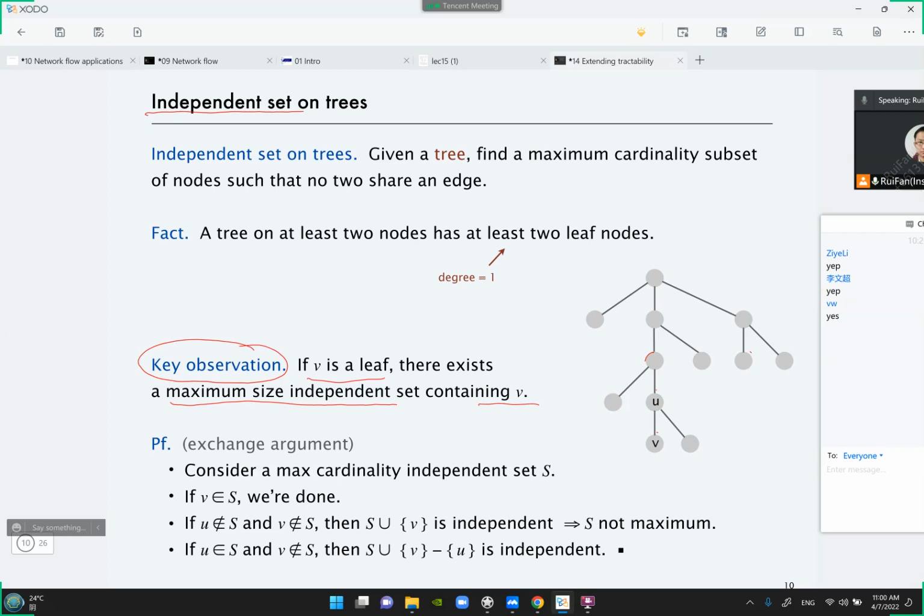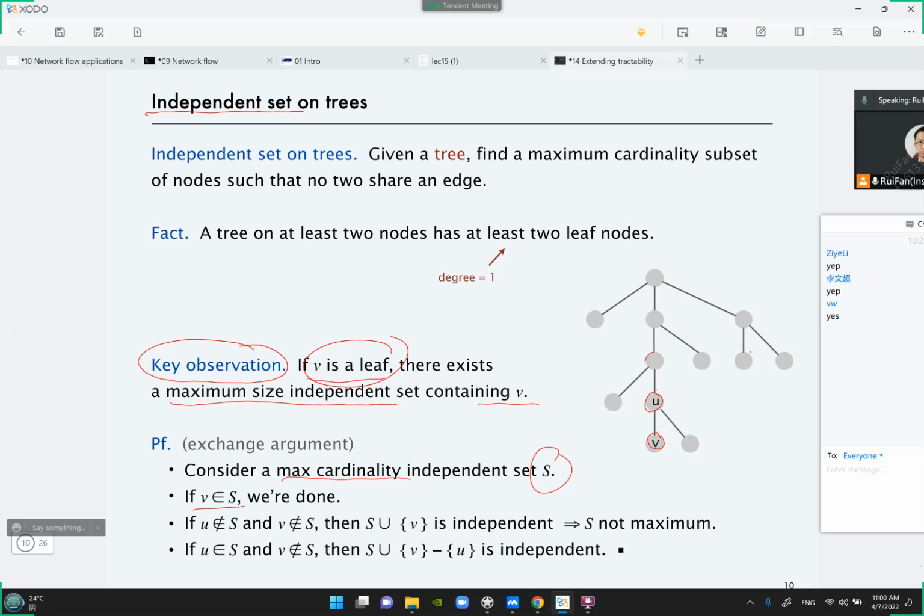All right. So first of all, let's try to prove this observation. Suppose you actually have a maximum size independent set, and then you took one of these leaves. Your set is called S. If V is already in S, then of course you're done. Otherwise, we're going to look at this node V over here and its neighbor U. V only has one neighbor because V is a leaf, right?